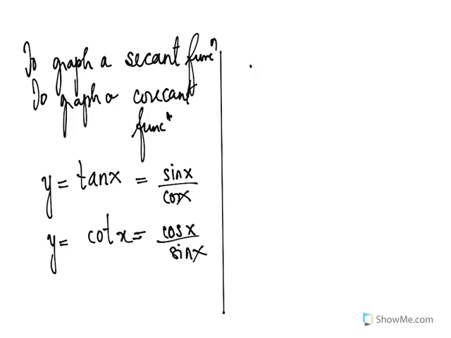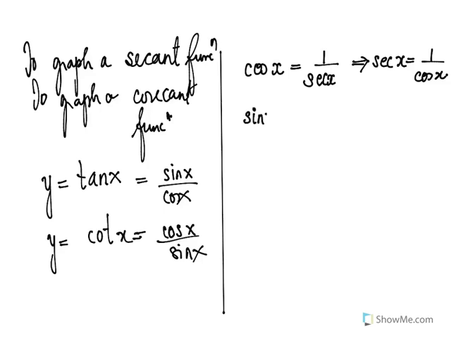Now, from my previous classes, you know that cosine x is defined as 1 over secant x, or I can say that secant x is 1 over cosine x, and sine x is 1 over cosecant x, or cosecant x is 1 over sine x.